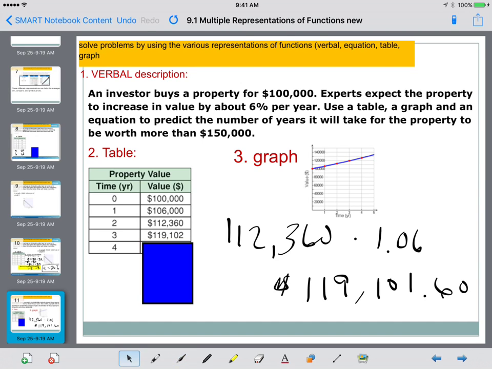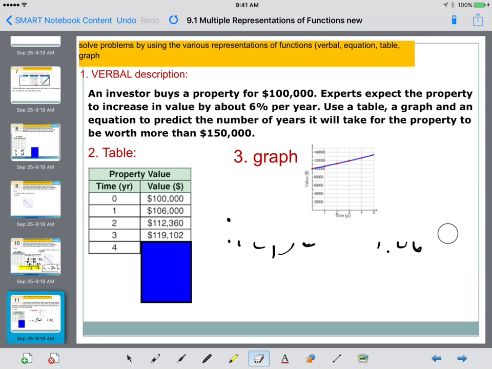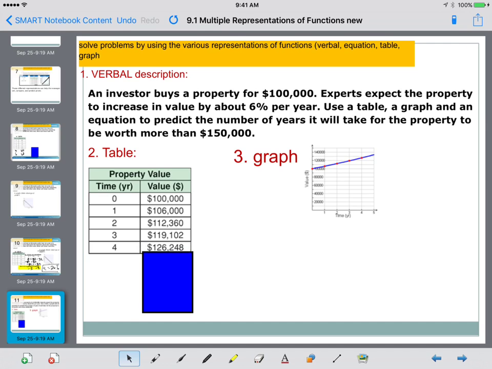So after 3 years, we can round that up, it's worth $119,102. Take that number again, multiply it by 1.06, and after 4 years, it's worth $126,248.